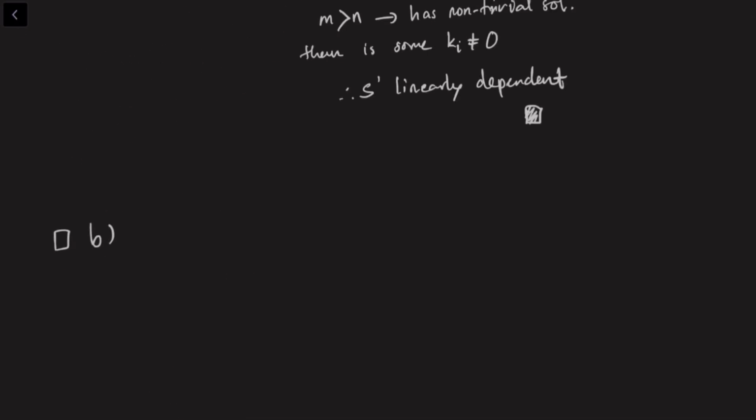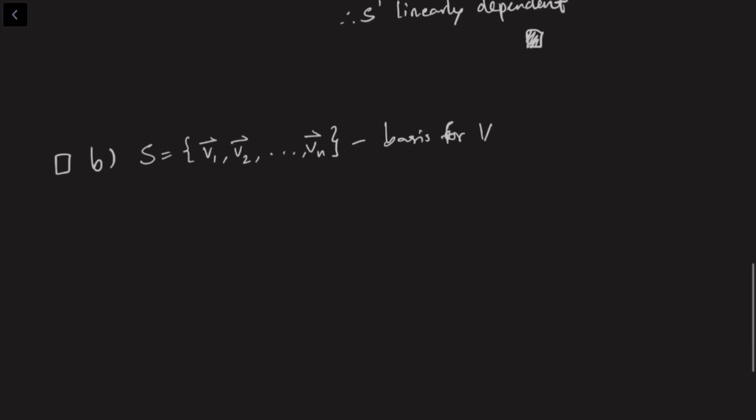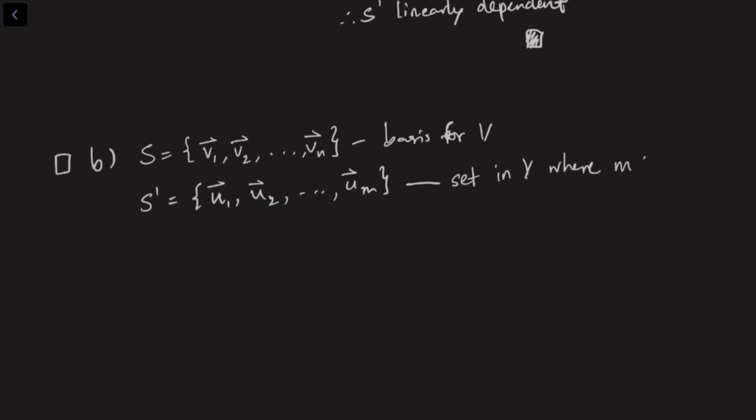We'll start the proof of part B. For part B, we'll also have the basis S be v1, v2, up to vn. This is the basis for V, and S prime will consist of vectors u1, u2, until um, and this is a set in V where m, this time, is less than n.